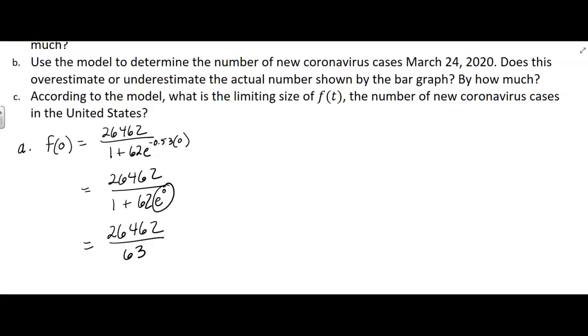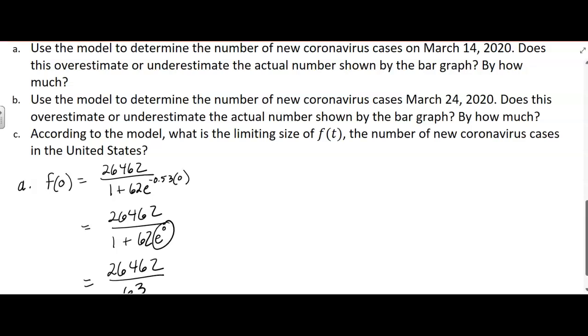So we're looking at the number of cases, and you can put it in your calculator. It looks like we're getting about 420 cases on March 14th, 2020. Now they want to know whether this is an overestimate or underestimate of the actual number shown in the bar graph.